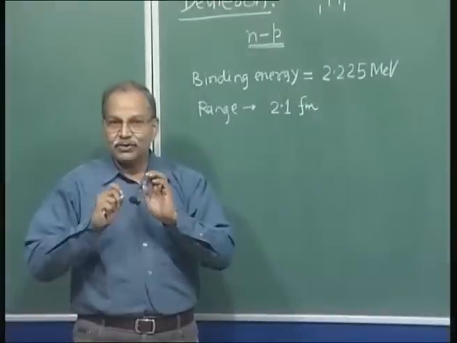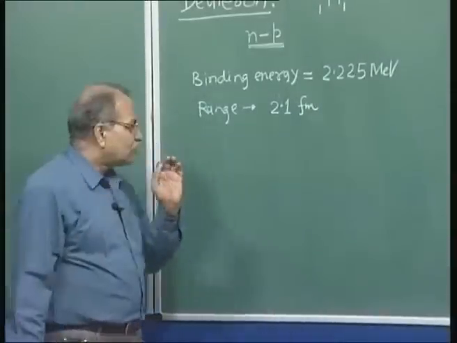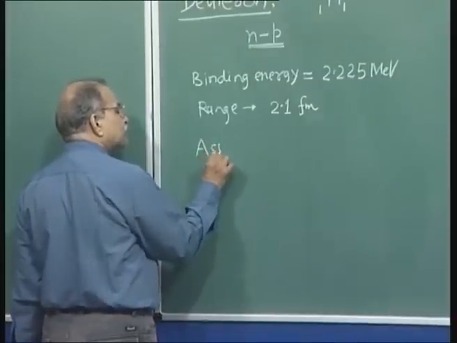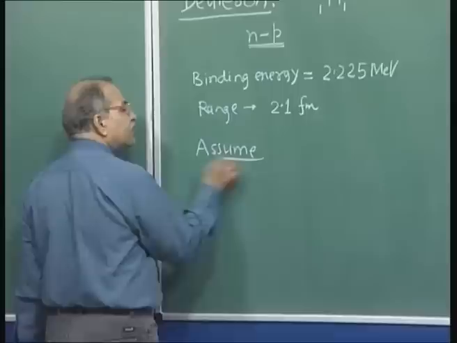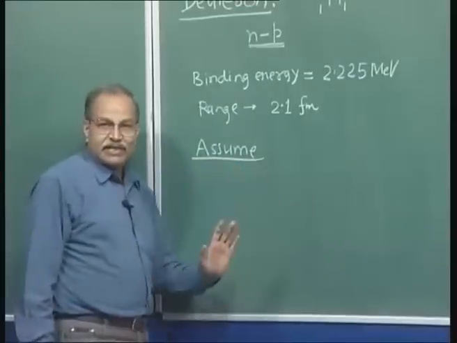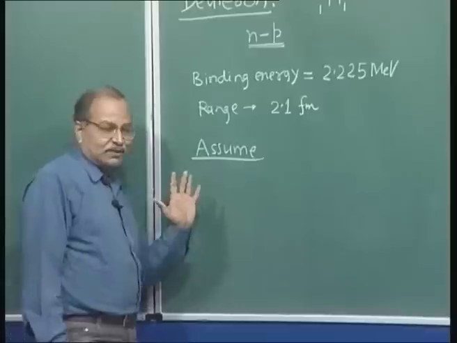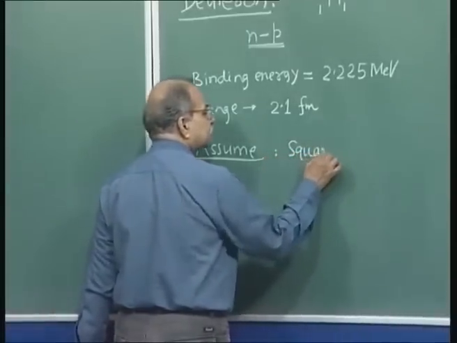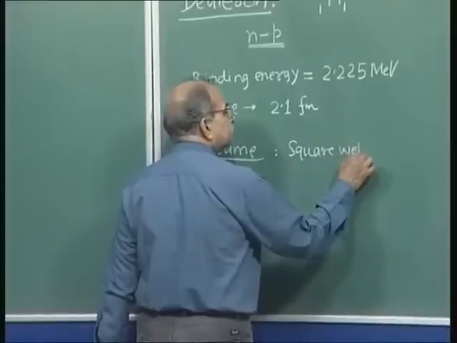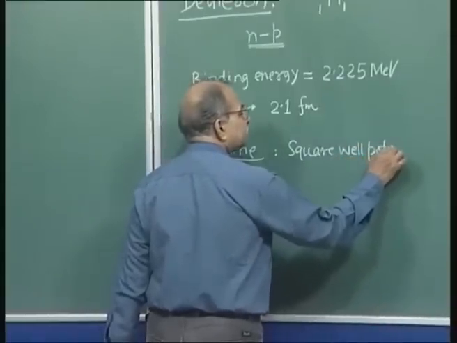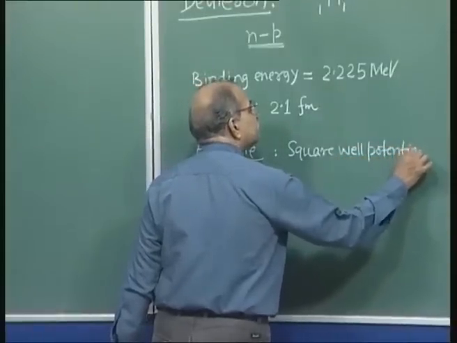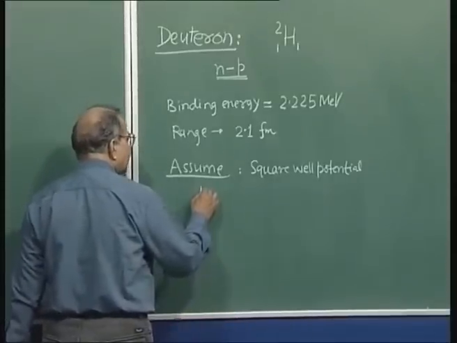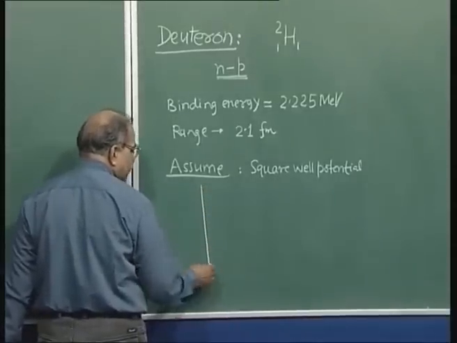So, we assume the simplest kind of potential form. Not that there is a great theory behind the expression that I am writing, it is an assumption. So, assume a square well potential which depends only on r, the separation between the two nucleons.